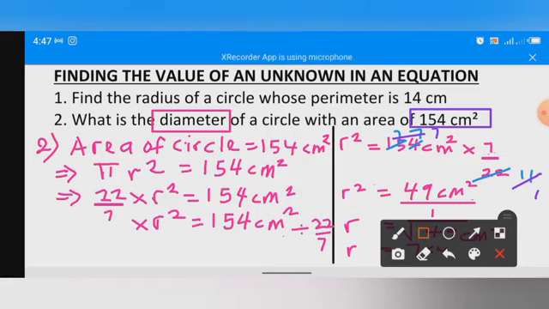So we are going to write out the information first. The area of the circle equals 154 centimeter squared.